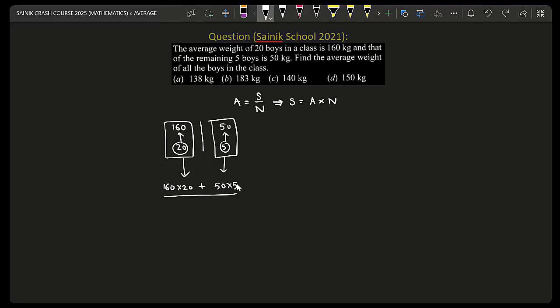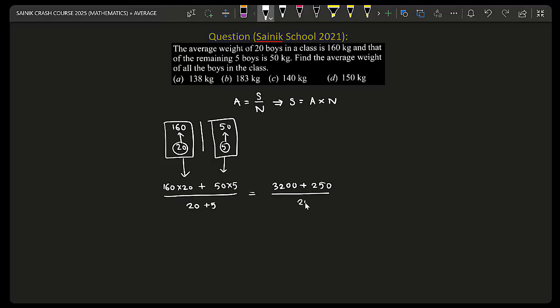Sir, 25. 20 plus 5 is 25. Now we can simplify. 160 into 20 is 3200. Yes, 3200. And 50 into 5 is 250. 3200 plus 250, divided by 20 plus 5.